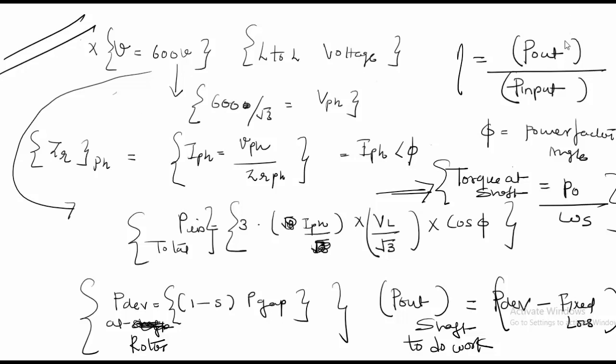In this case the fixed loss was 1000 watts, which was given. It's possible that it's not given, or that you will have to ignore the iron loss component. Another possibility is that you are drawing the equivalent circuit. There could be two components: one is the RC, which is for the core losses or iron losses, and the other is the magnetizing component.